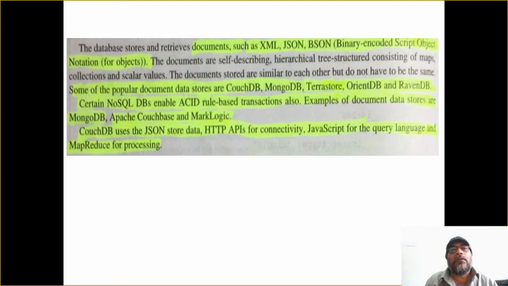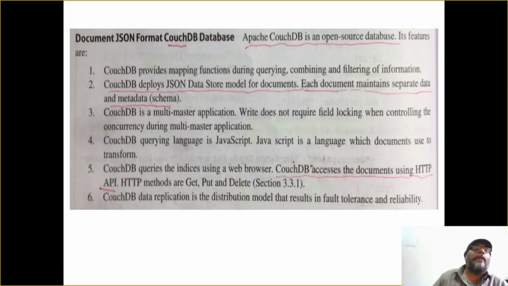So for CouchDB, JSON is the data store, with an HTTP API for connectivity, JavaScript for query language, and MapReduce for processing. So CouchDB has this facility. Document JSON format, CouchDB database. Apache CouchDB is an open source database.